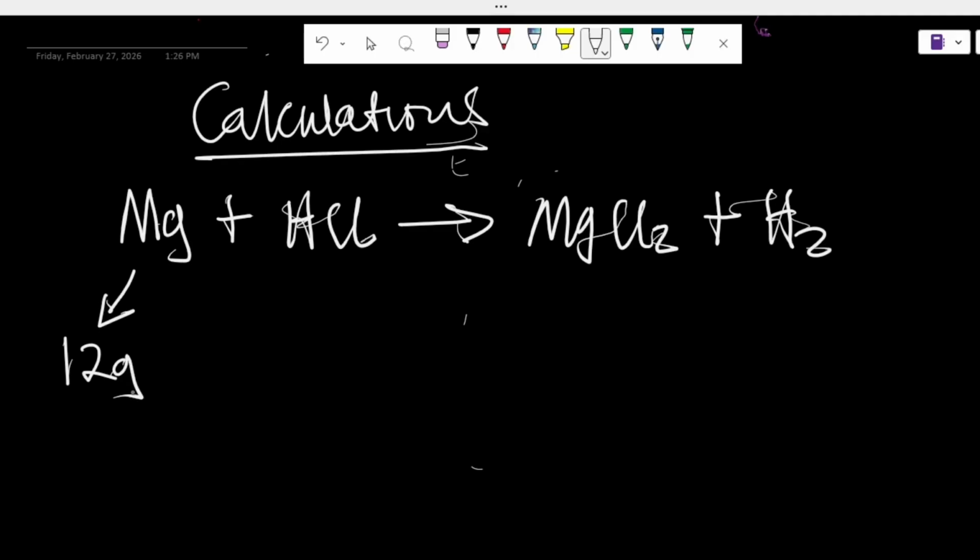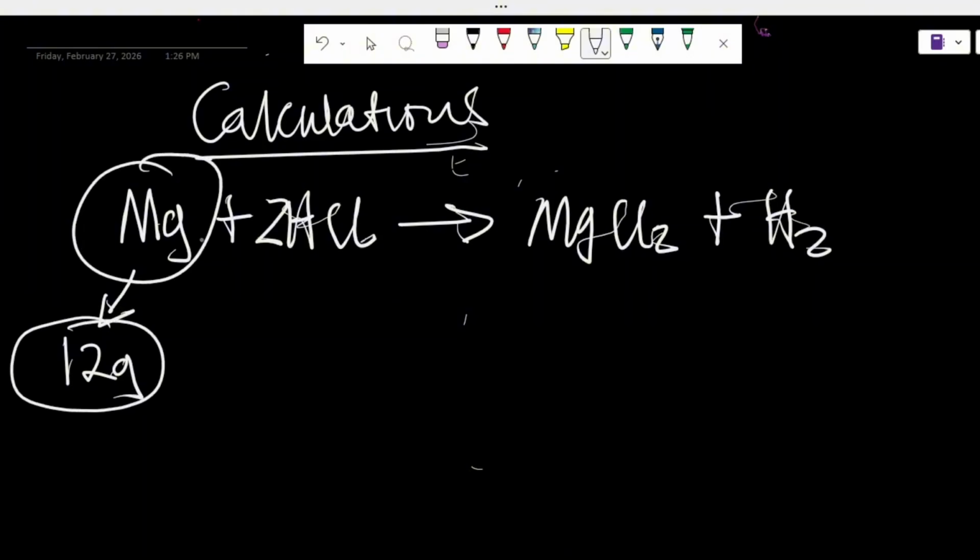So how do you deal with this particular problem? Now make sure that when you're dealing with problems on the mole concept and you have an equation, make sure that the equation is balanced. So this is not balanced, you can put a 2 here and the equation is balanced. Now, since we're just dealing with magnesium here, and we have 12 grams of magnesium, we can only find the relative molecular mass of magnesium and then go ahead and find the number of moles.